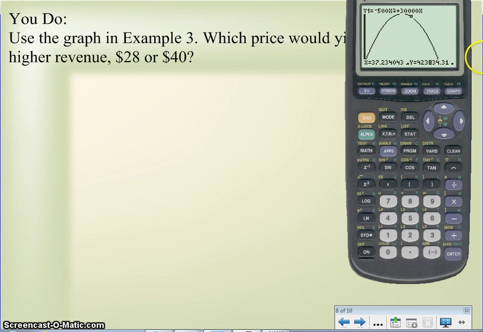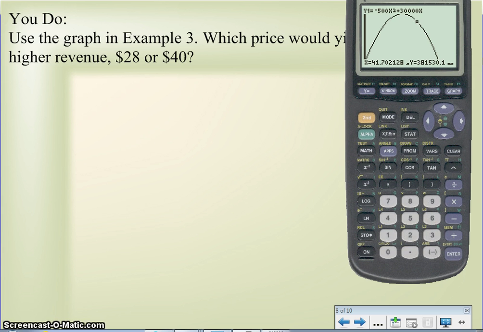If we follow along with it, you can see here the price point at $42. What we're going to do is get as close to 42 as we can. So it's between 41.70 and 42.45.